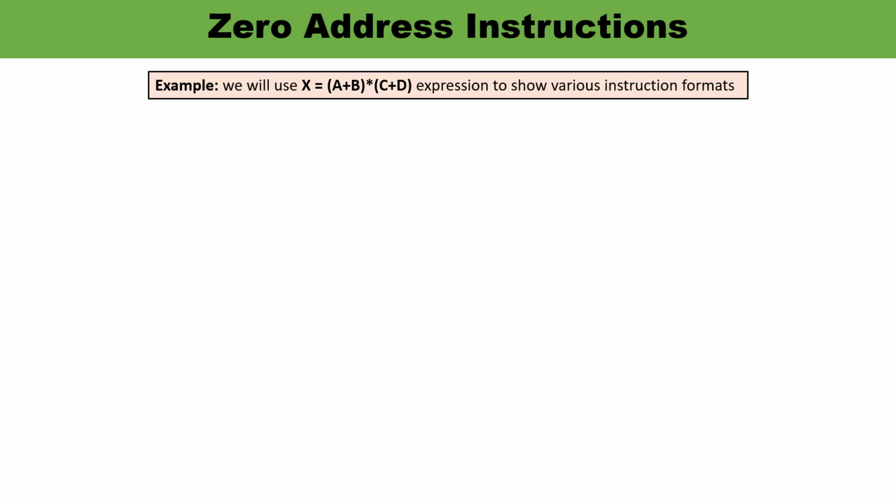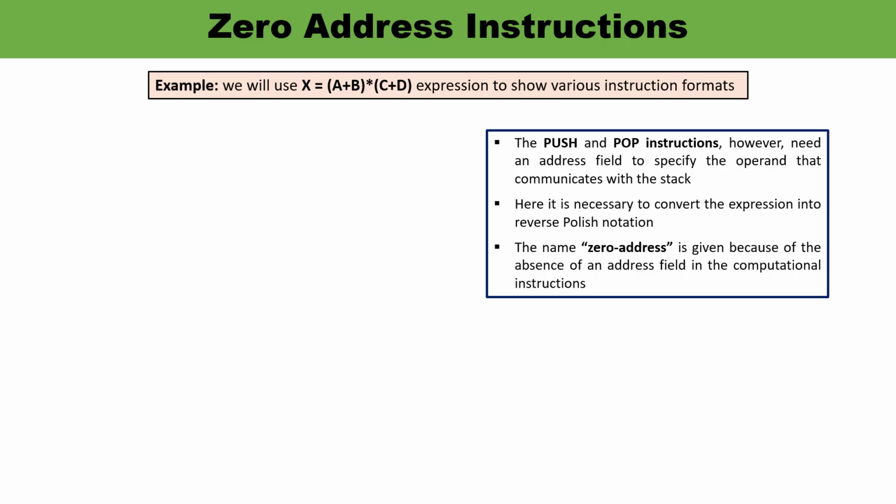Now in the last, zero address instruction. See, zero address instruction means the push and pop instructions will be used. However, there is a need of an address field to specify the operand which communicates with the stack.